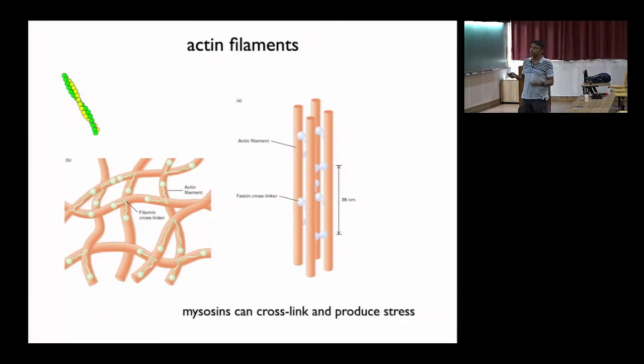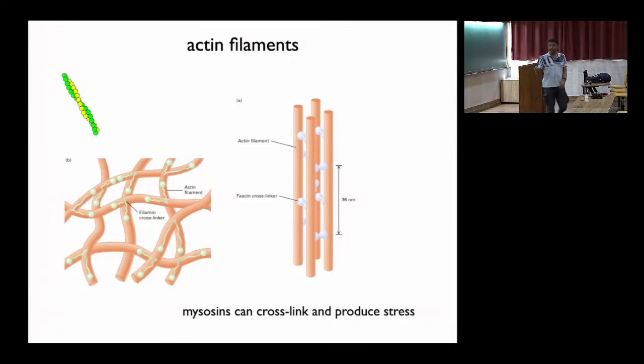As I was mentioning, these filaments can come together. There could be cross-linking proteins which can make a network of these filaments. If I cross-link all these possible zones where filaments are crossing each other, then possibly I'll be generating something like a solid.